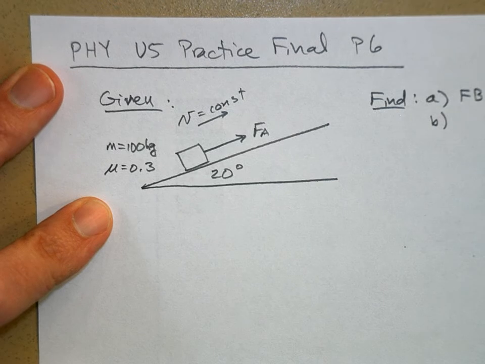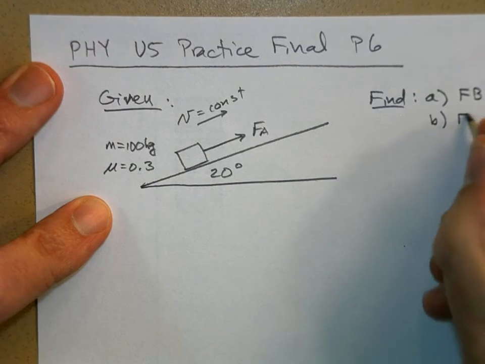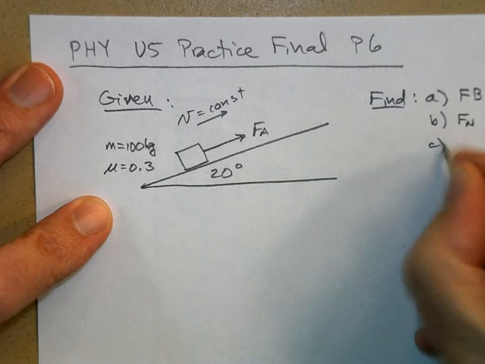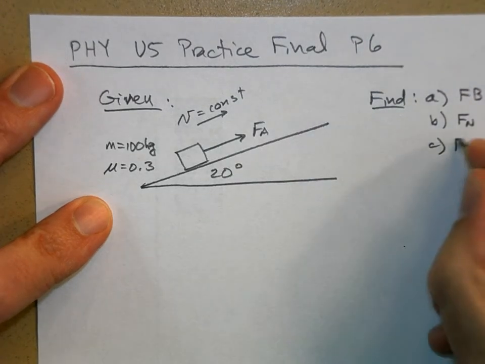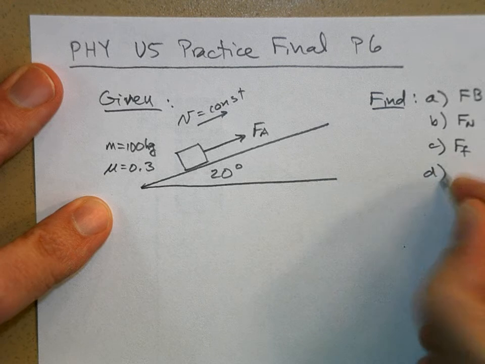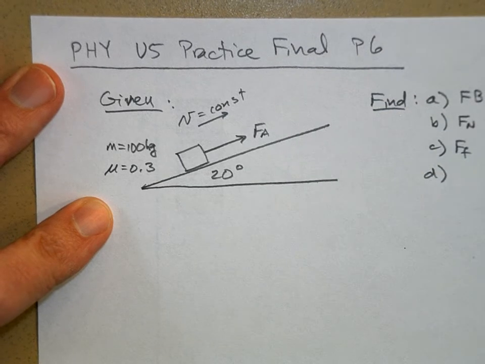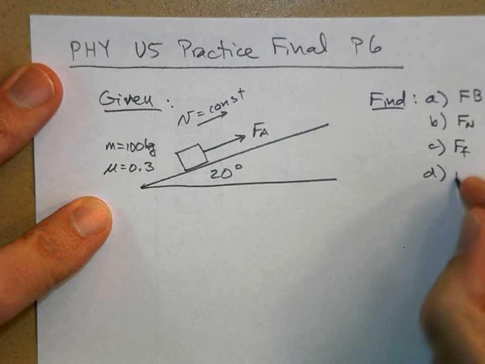And here I'm just kind of telling you to do the procedure. What is the normal force? What is the force of friction? And what must be the magnitude of the applied force? So we want the applied force.